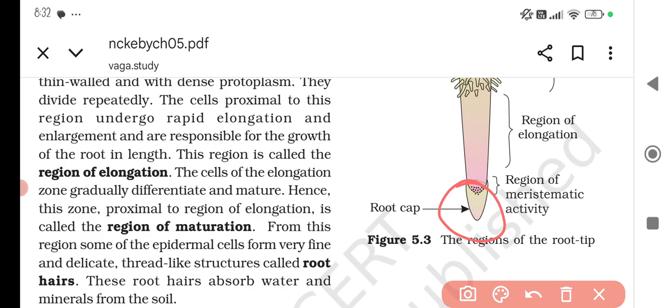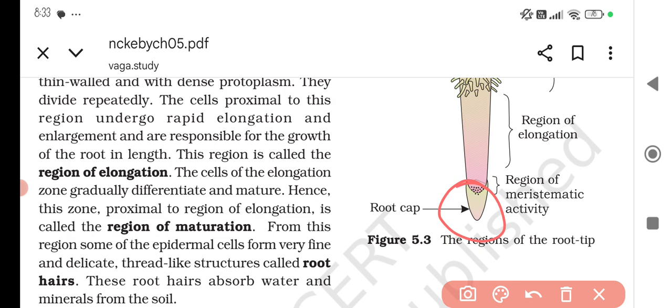Why is the root cap not present? Because the plant is already in water. If the roots are penetrating, there is no hard or rough rock which is going to obstruct the root or cause damage to it.